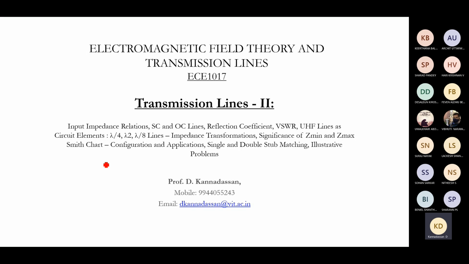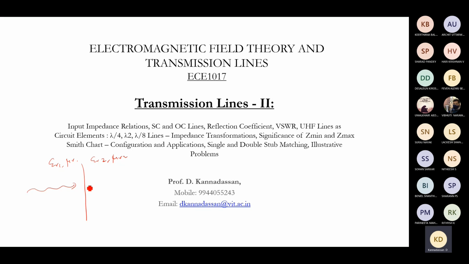We already discussed that in air or in different dielectric mediums, when there are two mediums, one having epsilon r1 and mu r1, and the second medium having epsilon r2 and mu r2, when the wave is traveling and is incident on the boundary, there is a possibility of reflection, and a transmission also takes place.